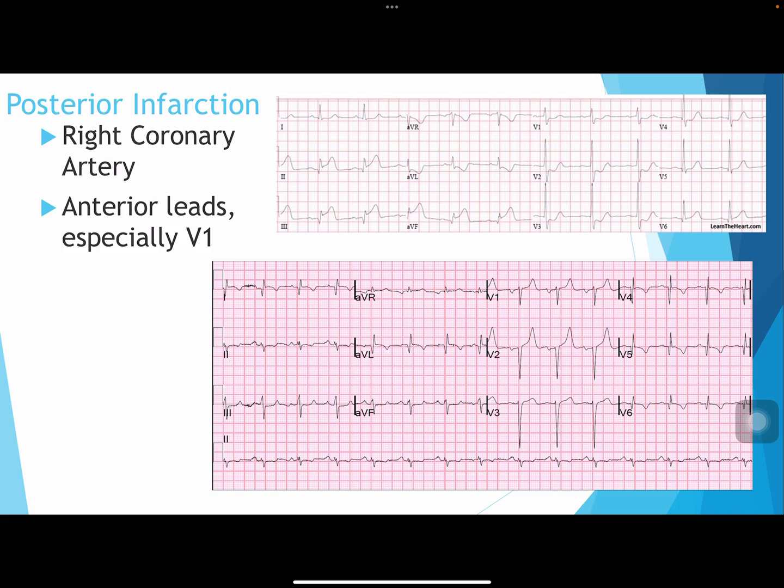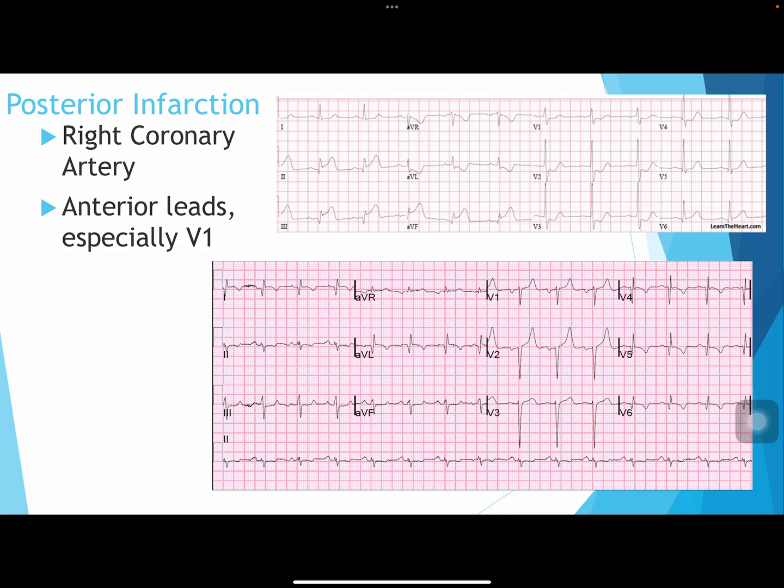So looking at reciprocal changes can definitely be something to look at, because you're going to have different places of the leads affected for reciprocal changes. What you're doing is you're looking for ST segment depression and tall R waves in the anterior leads, which are V1 most notably. So keep an eye on that.